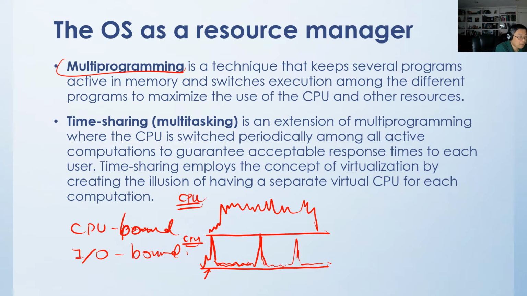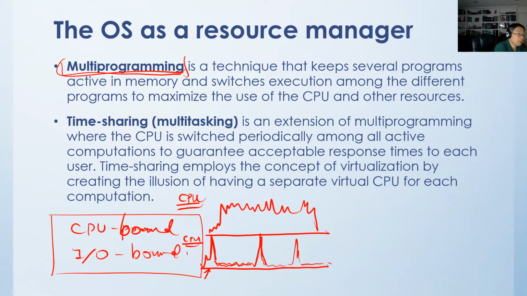Why does multi-programming work? Because of the nature of these programs: sometimes one program is using the CPU while the other is not using the CPU and is using the I/O, so you can take advantage of the availability of the resources to run multiple programs.